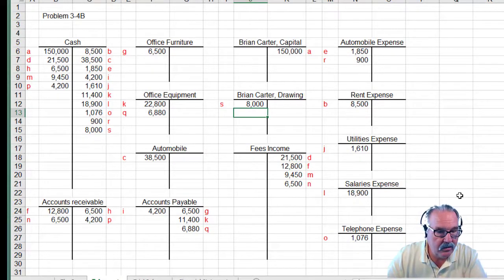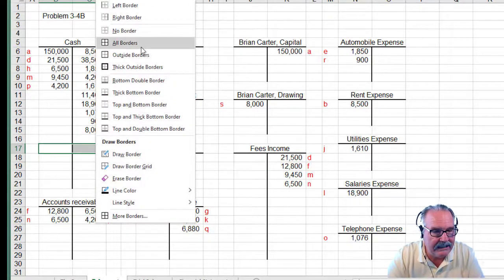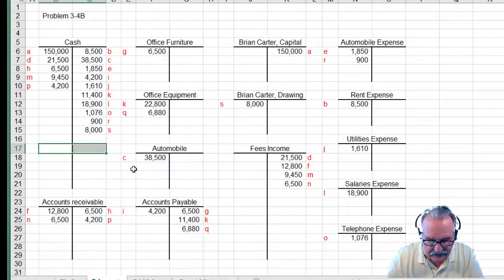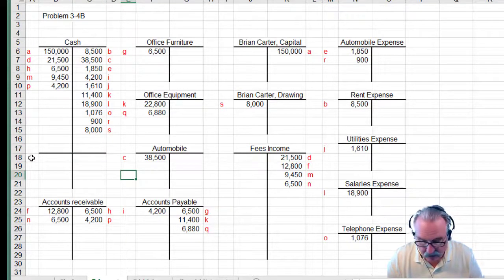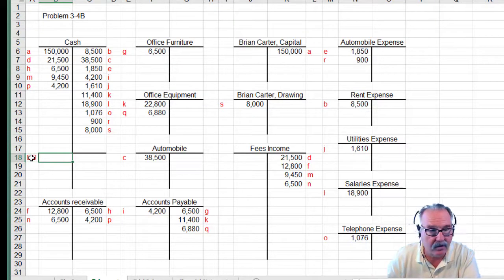So now what I can do is draw a line down here, and I'm going to use the border tool to put a line. We always want to draw a line when we're doing a math function, and I'm going to use EB for ending balance. So I'm going to add the debits, that's the positive side, and subtract the credits, that's the negative side.